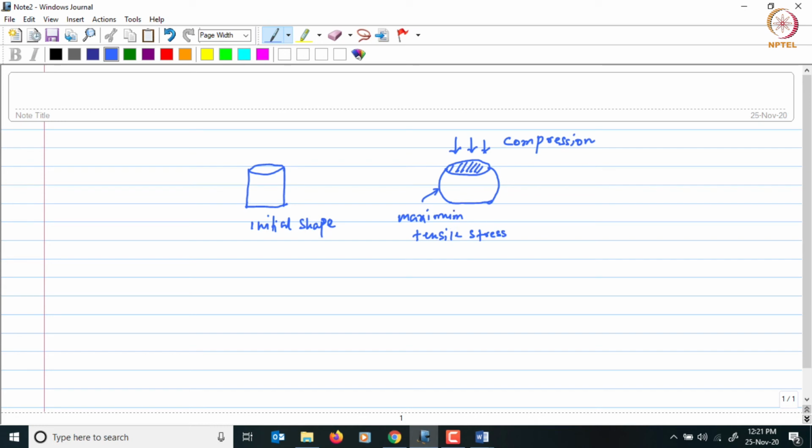And this may lead to cracking if there is drag due to friction.